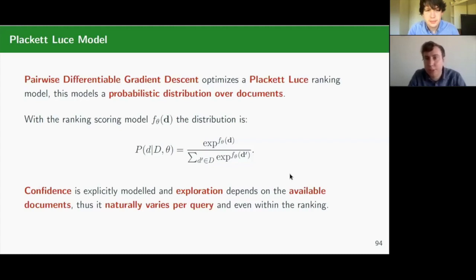Right. Does this also mean that previously we would take our document scores and rank by sorting by these document scores, but since they're now probabilities, we could sample a ranking with high probability being the sorted ranking, but in a probabilistic manner? Exactly, yes. So during learning, we're going to sample from this ranking, but as you rightly say, if you sort according to the scores, you have the ranking with the highest probability.